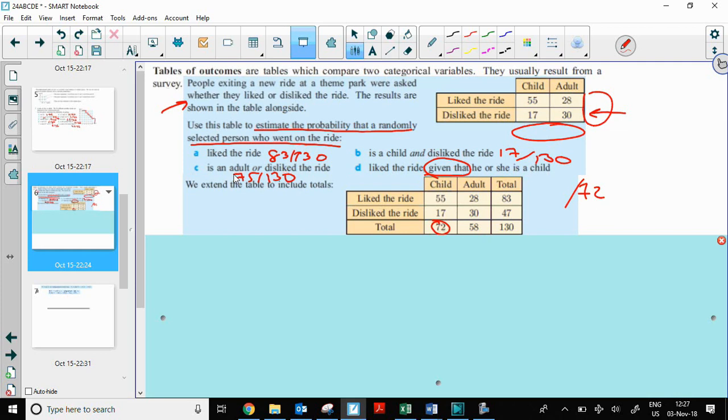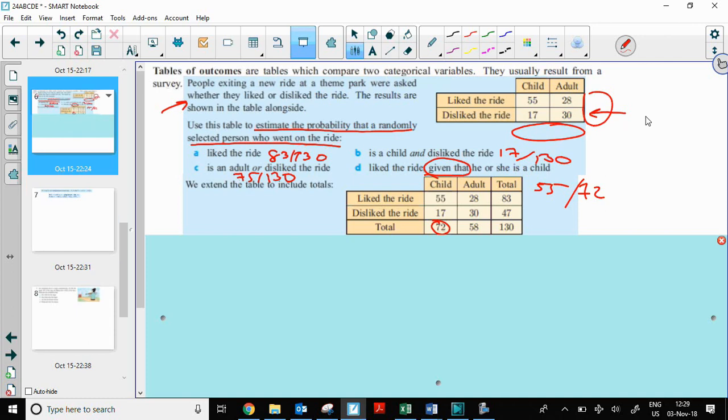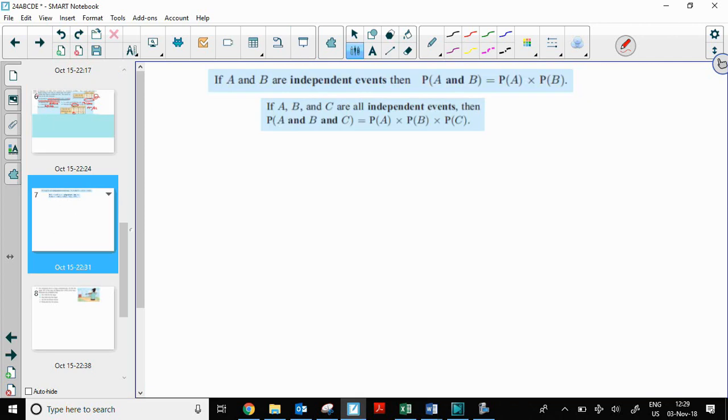In this case, it's 55. So anytime we see the phrase given that, that means we're going to actually change what the denominator is of our theoretical probability fraction into whatever the number is that's attached to the phrase that comes immediately after given that. It's going to play a huge role later on in the chapter, so we will most definitely see it again. And that brings us to section E.